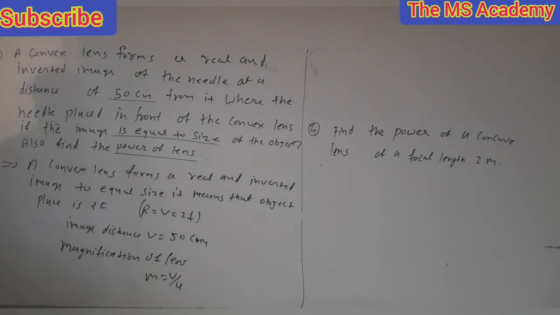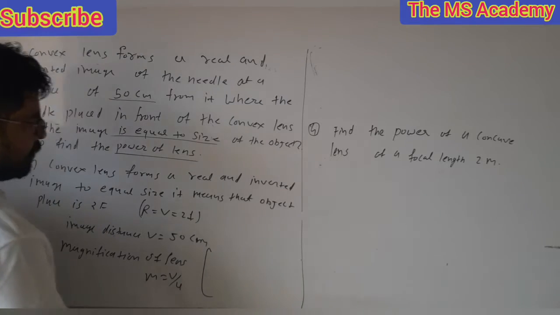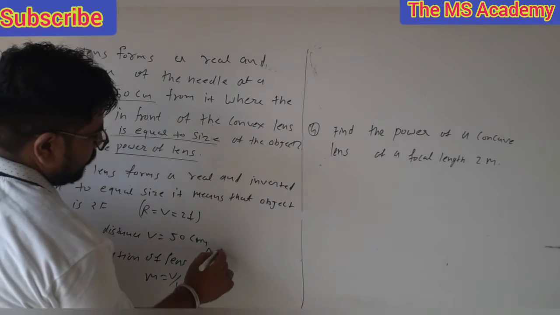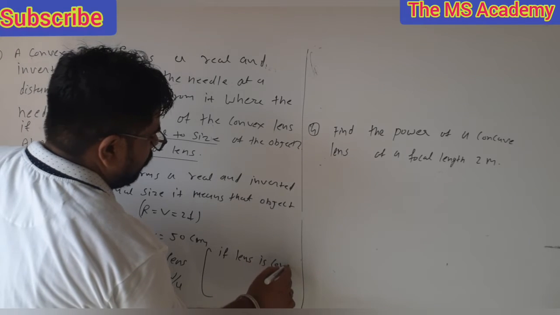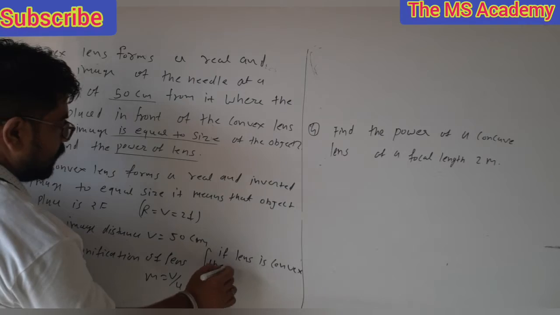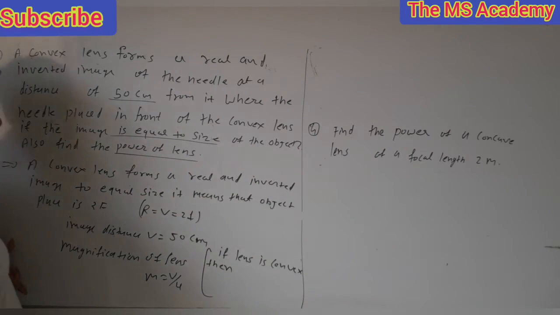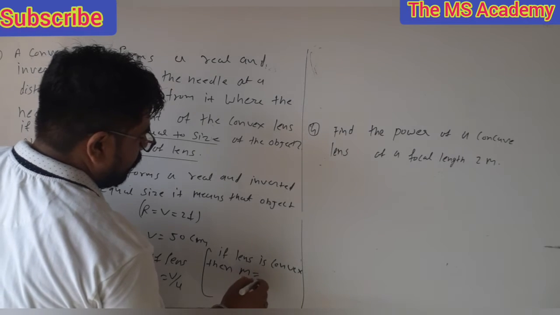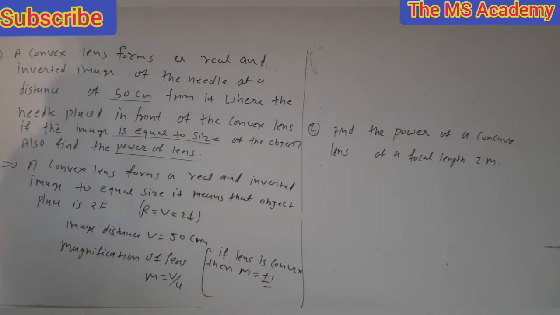If the lens is convex, then the value of the magnification is always 1, always a positive value.